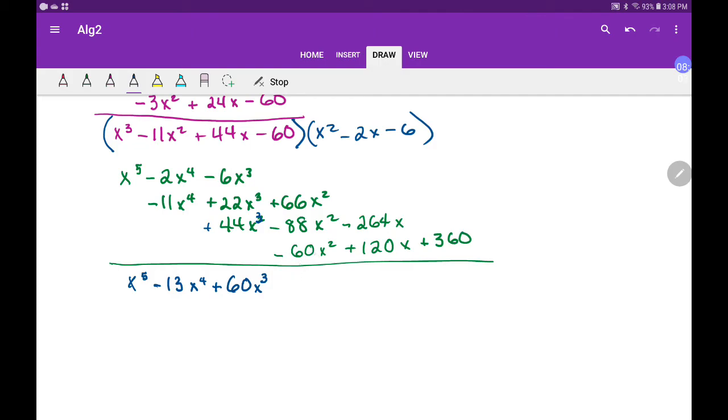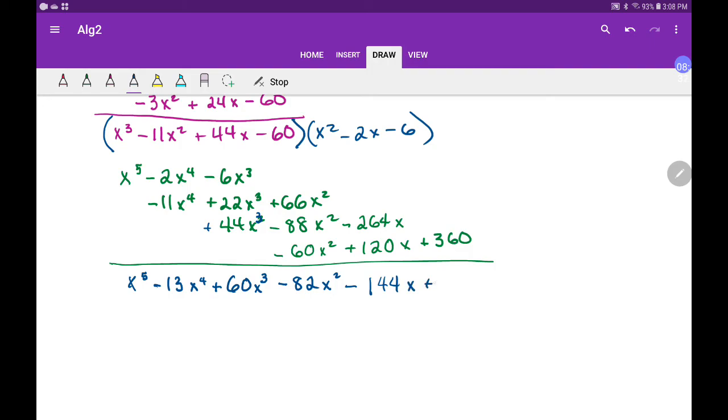And then let's see. Negative 60, positive 66, that's a positive 6. And then a negative 88 means I have negative 82, x squared. I think that's how that works. Seems like it. And I have negative, okay, so I'm just going to subtract and it'll be negative.